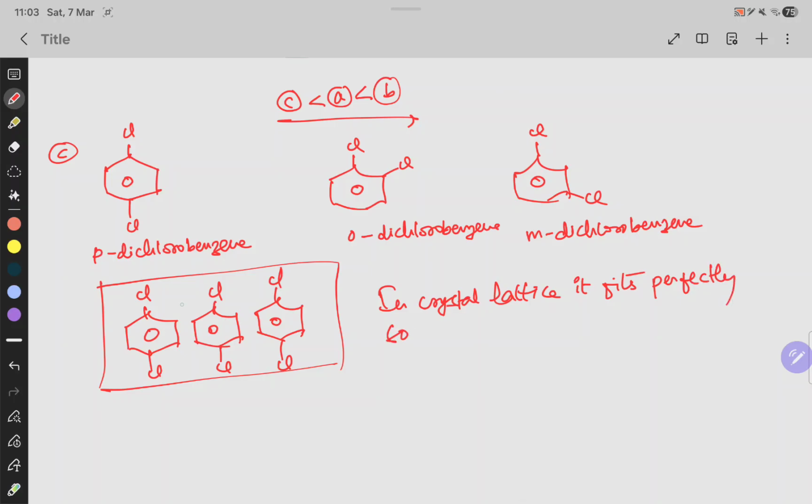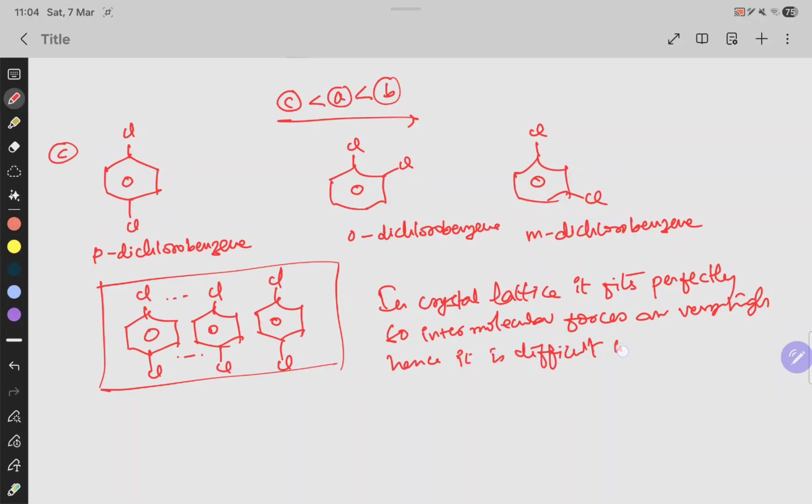So intermolecular forces will be high. Intermolecular forces are very high. Hence, it is difficult to melt. Then it requires a lot of energy, right?